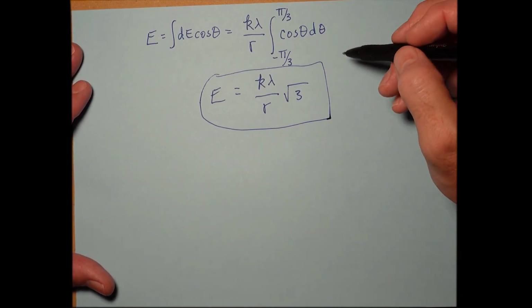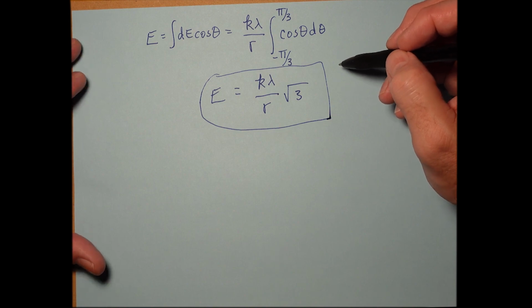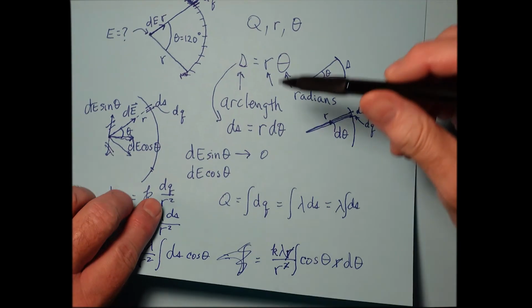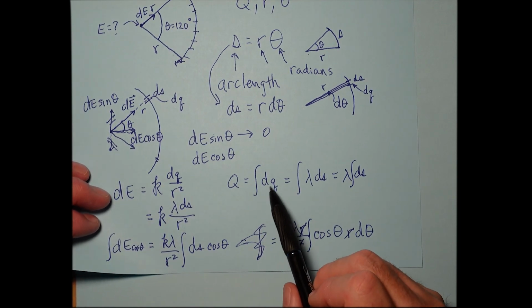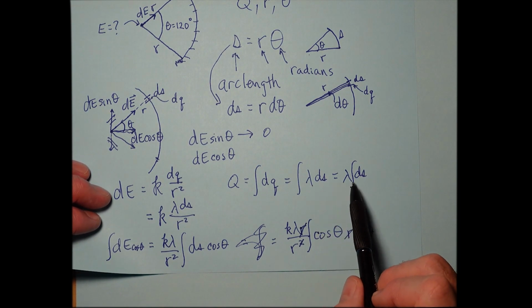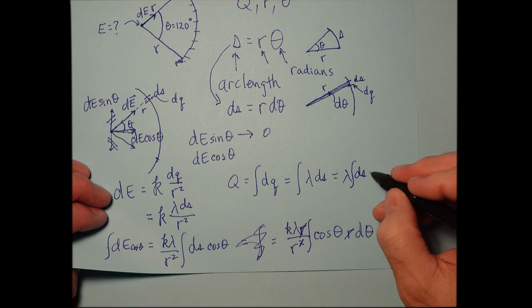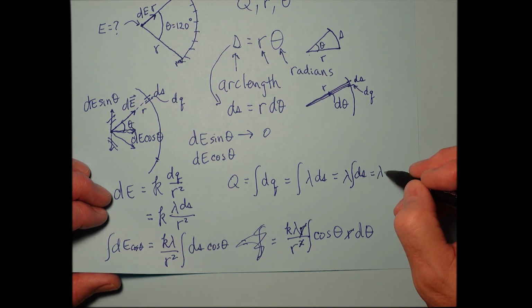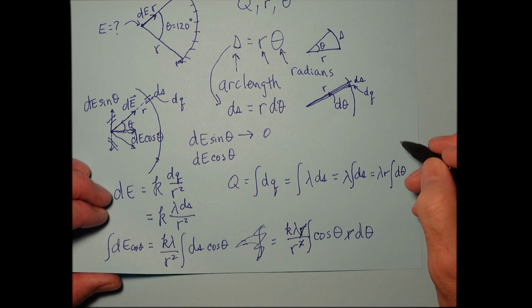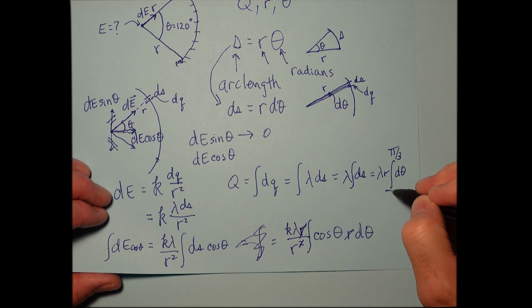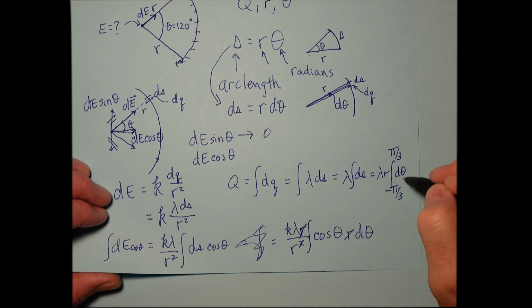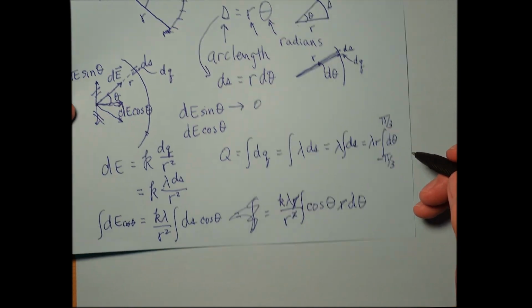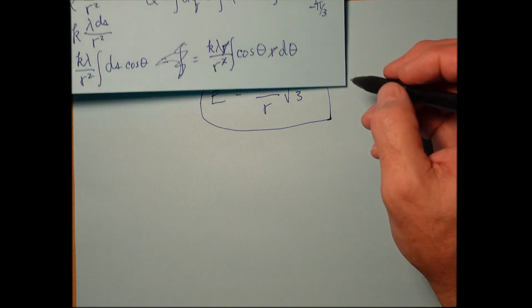Well, let's put it in terms of total Q. Remember that total Q is the integral of all the dQs, and we can take that ds and plug in r d theta. So this is lambda r times the integral d theta from pi over 3 to minus pi over 3. When we do that integration, here's what we end up with.